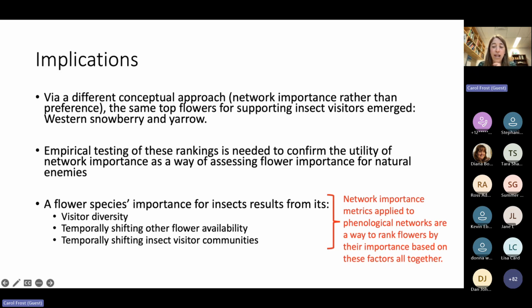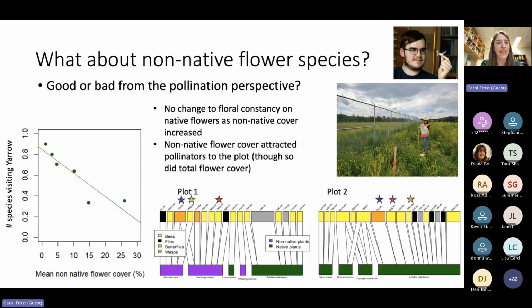Network importance metrics applied to especially phenological networks are a way to rank flowers by their importance based on all of these complex factors together. So that's what the value of looking at network importance should be. But it does need empirical testing, just like the preference metrics needed empirical testing and actually failed when they got empirically tested.